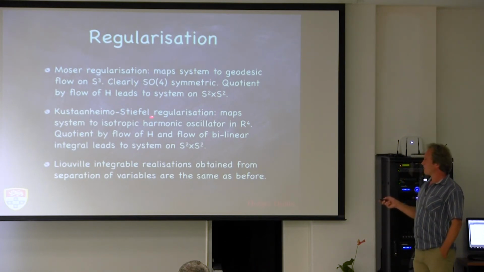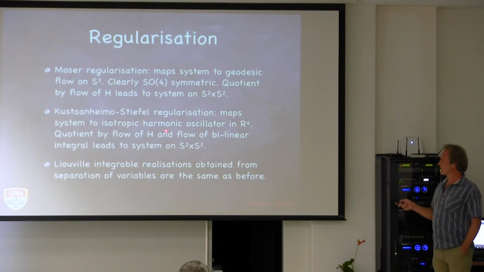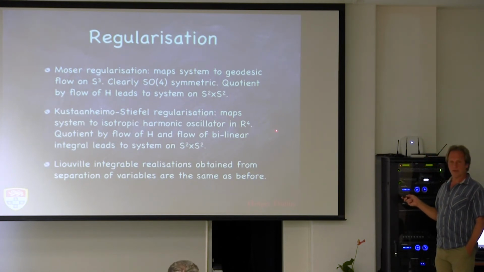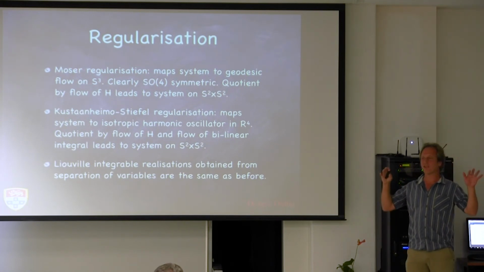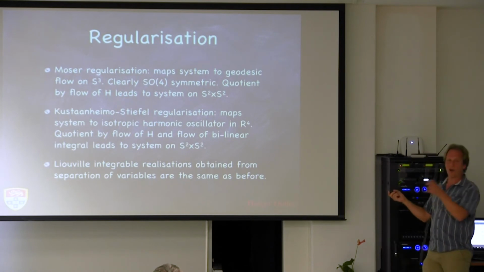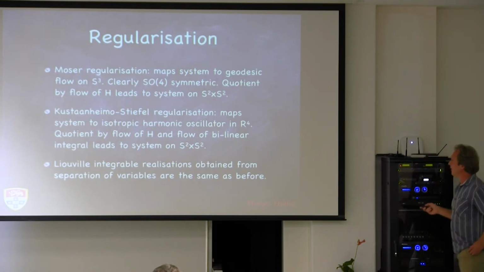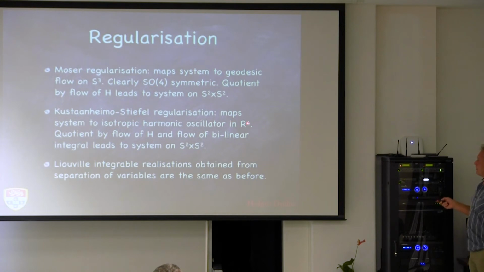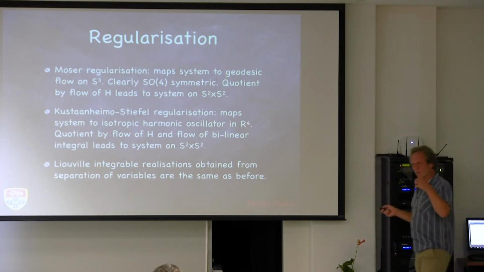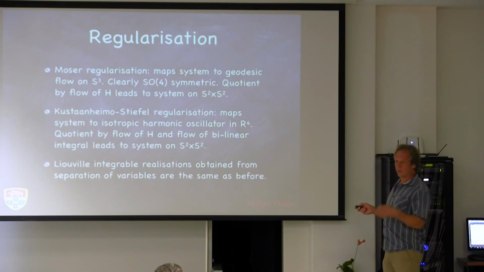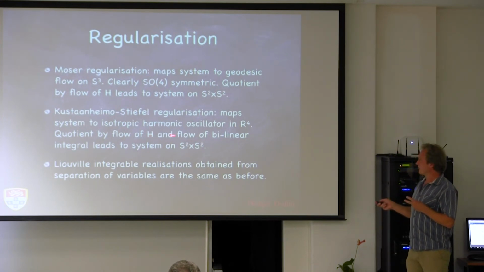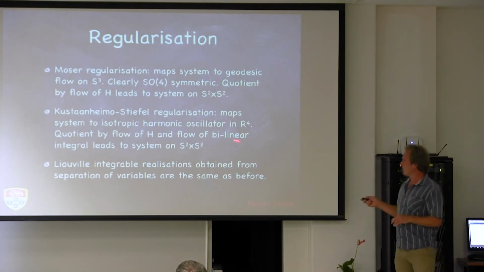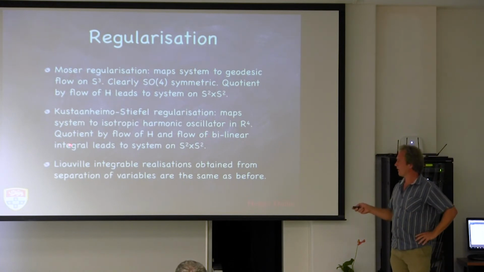Kustaanheimo-Stiefel maps the system to an isotropic harmonic oscillator in R4. Remember that I mentioned these two systems in the beginning by saying those are the standard superintegrable systems, right? So they are all connected in this way. Now you have a harmonic oscillator in R4. If you want to go down to something with 2 degrees of freedom, you have to quotient by two flows, the flow of H and the flow of some natural constant. It's called the bilinear relation or bilinear integral, which comes from this blowing up.